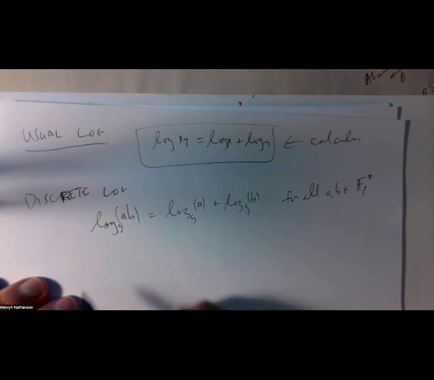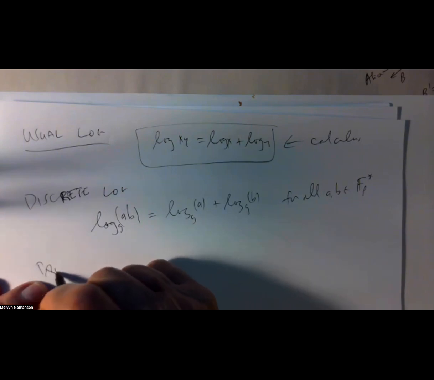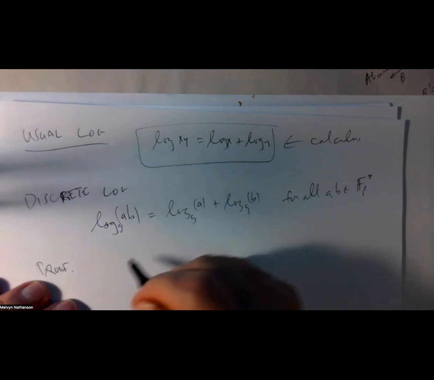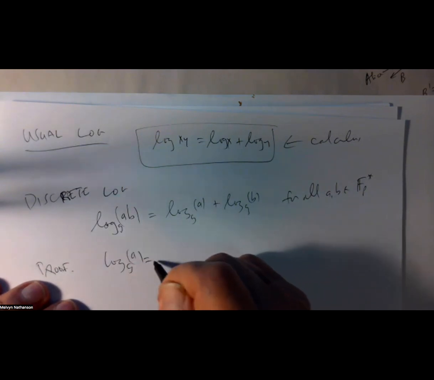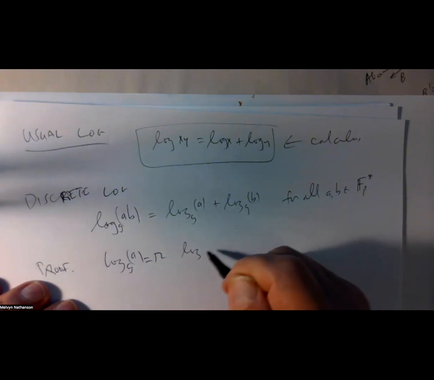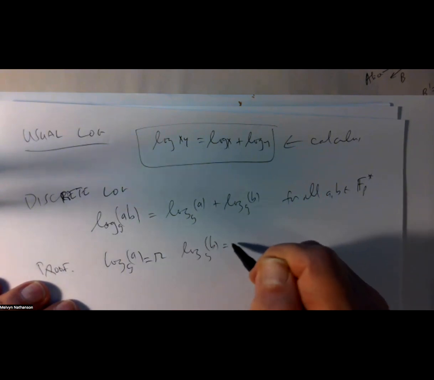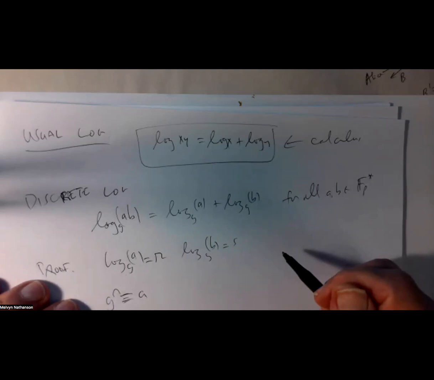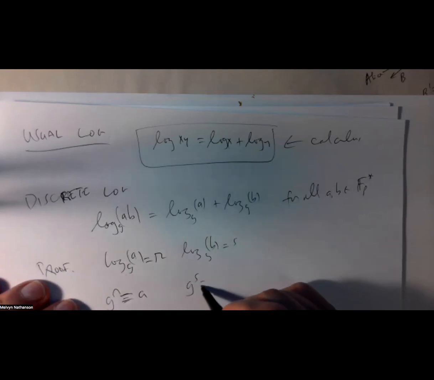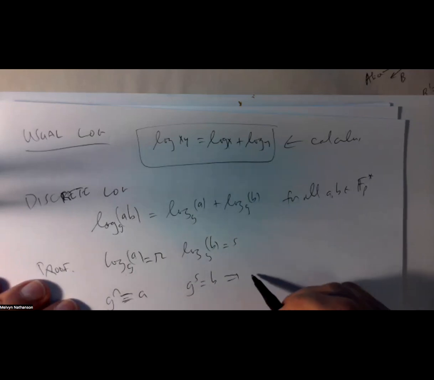Let's prove this. Proof. Suppose the log of a to the base g is r, and the log of b to the base g is s. So this means that g to the r is equal to a in the field, and g to the s is equal to b in the field.